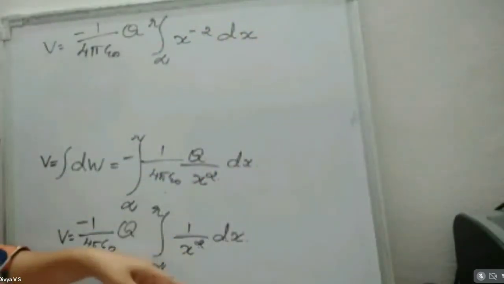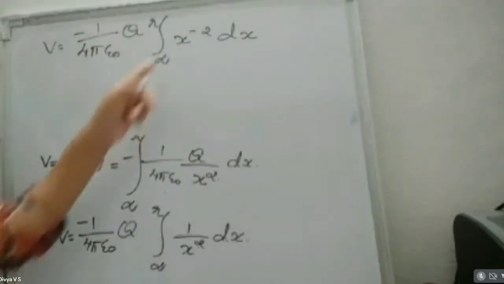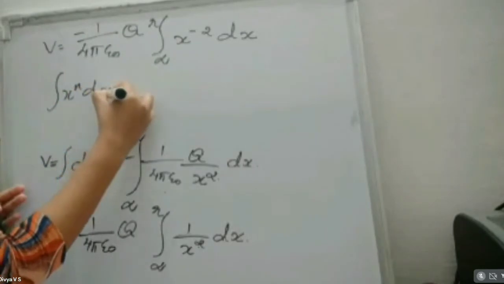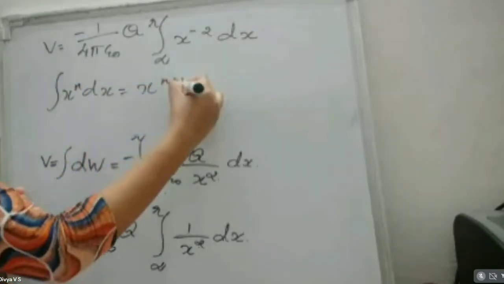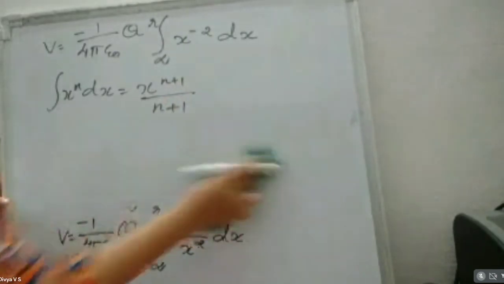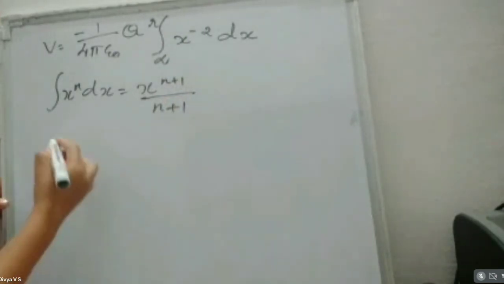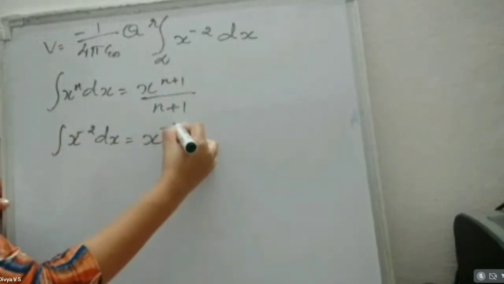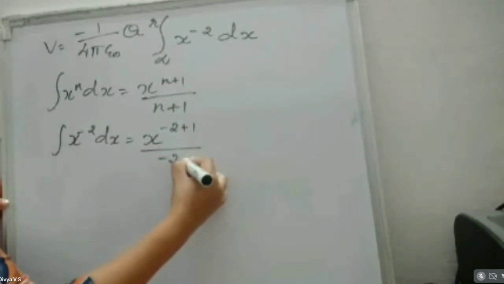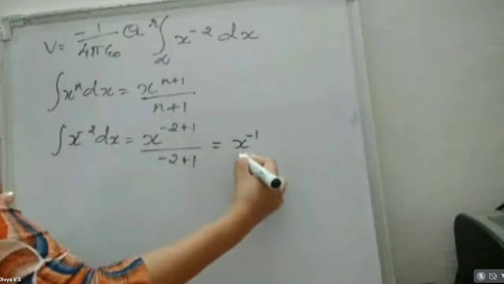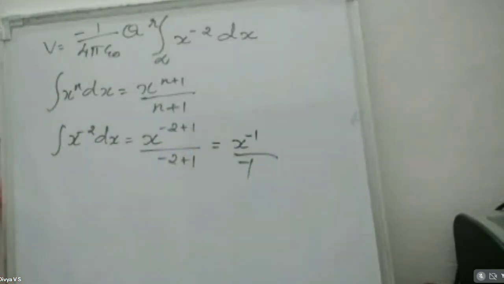Now the general expression: integral x raised to n dx is equal to x raised to n plus 1 divided by n plus 1. Here it is x raised to minus 2. So integral x raised to minus 2 dx is equal to x raised to minus 2 plus 1 divided by minus 2 plus 1. That is equal to x raised to minus 1 divided by minus 1. So this is the expression that we can substitute there.